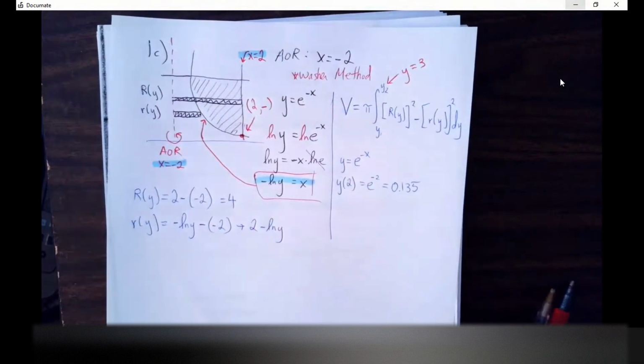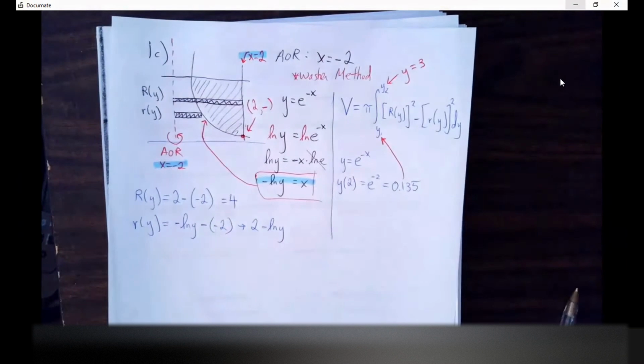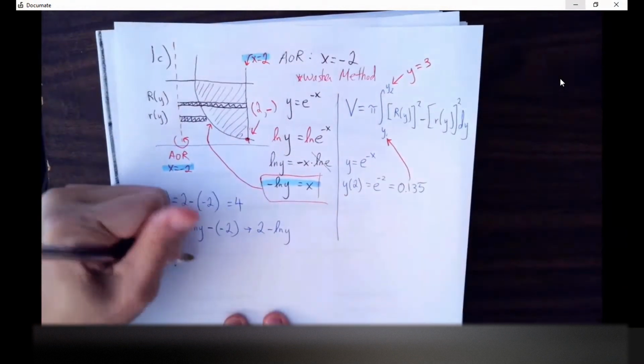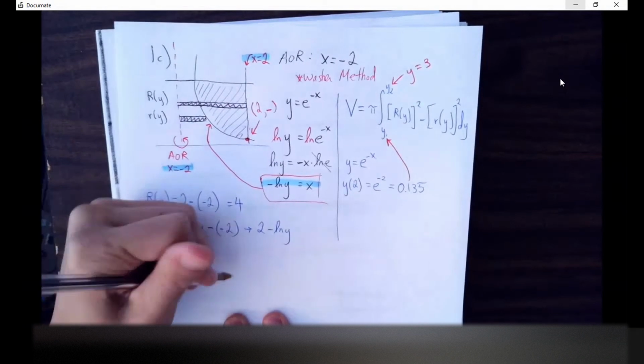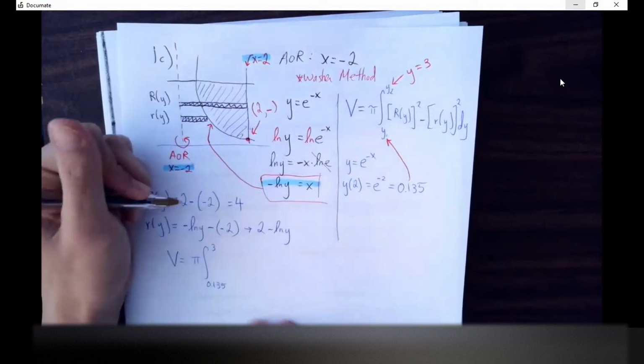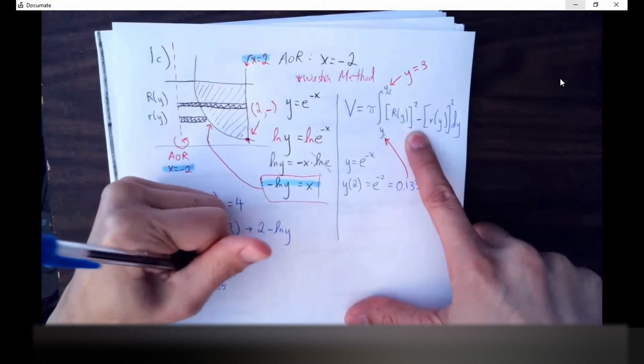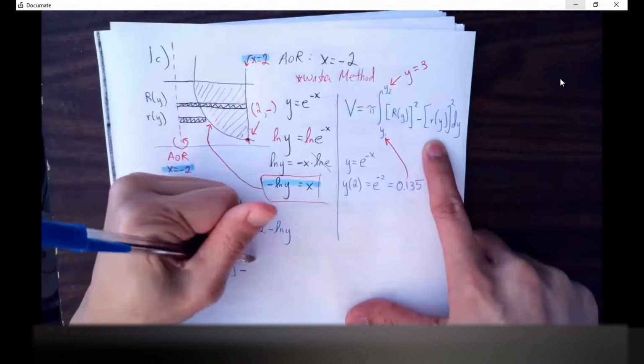All right, so we have 0.135. I think we have everything we need, right? Big radius minus little radius.